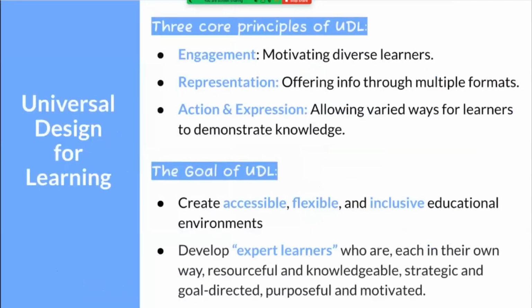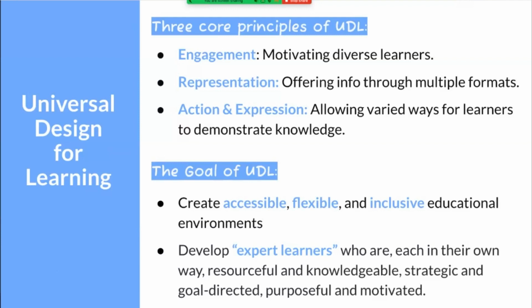So just to wrap us up and to review the core principles of universal design for learning. You want to focus on motivating your diverse learners through engagement. You want to offer information through multiple formats and representation. You want to allow varied ways for learners to demonstrate their knowledge and understanding through action and expression.